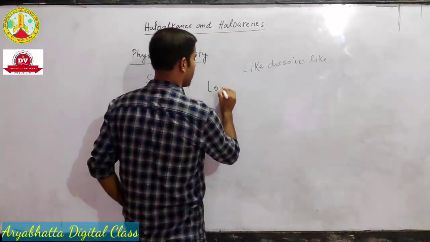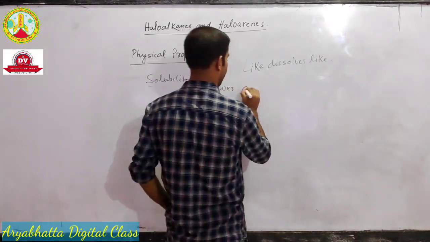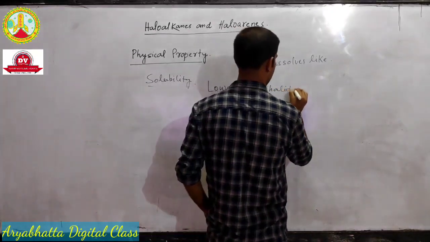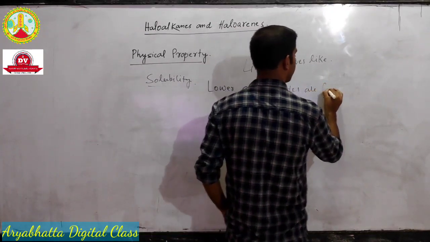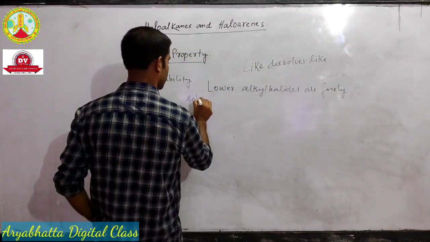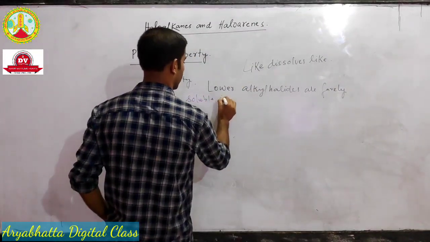Lower alkyl halides or haloalkanes are fairly soluble in water.